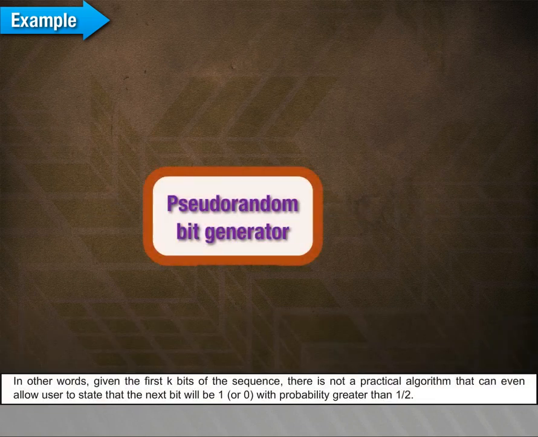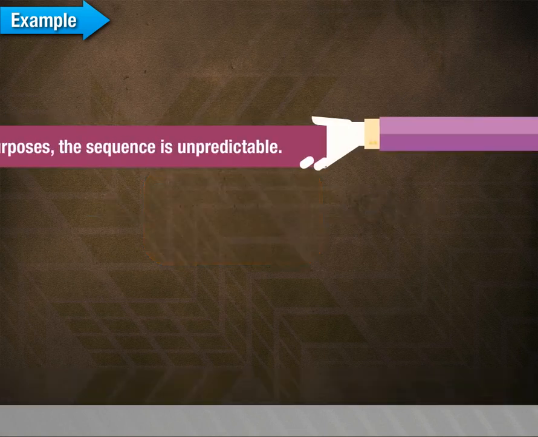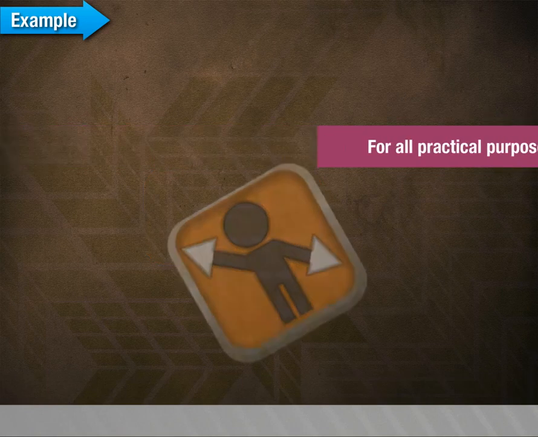In other words, given the first k bits of the sequence, there is not a practical algorithm that can even allow a user to state that the next bit will be 1 or 0 with probability greater than 1/2. For all practical purposes, the sequence is unpredictable.